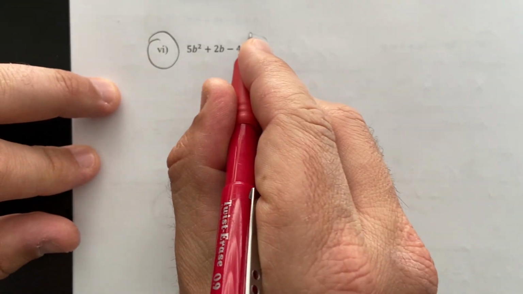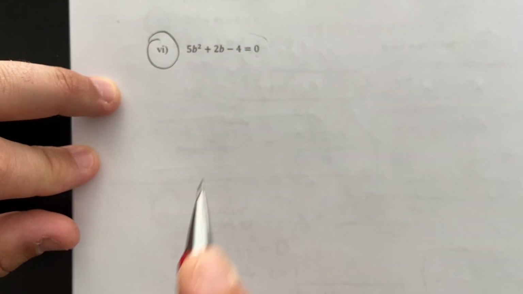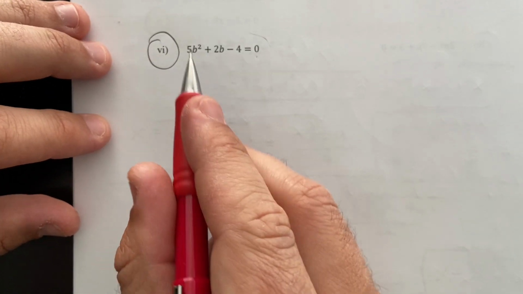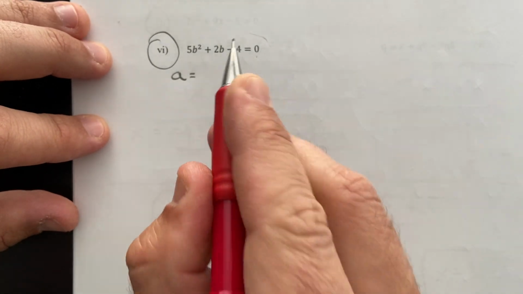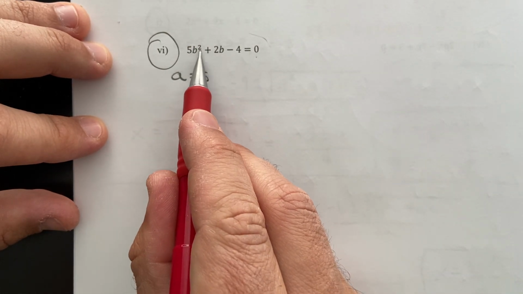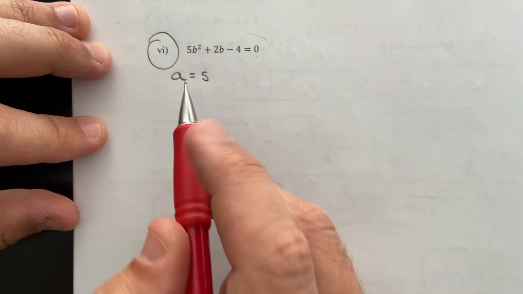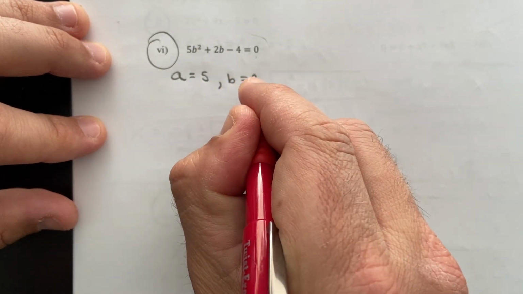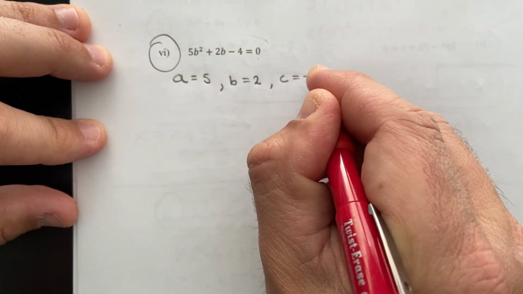So it looks like we do have our standard form. In other words, it's equal to 0. So I can go ahead and identify A, B, and C. So A is 5, right? A is always associated with the squared term. I have B of 2 and C of negative 4.